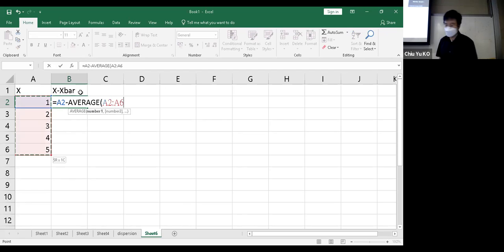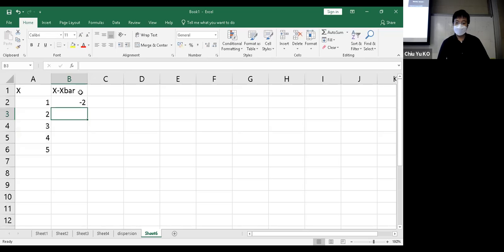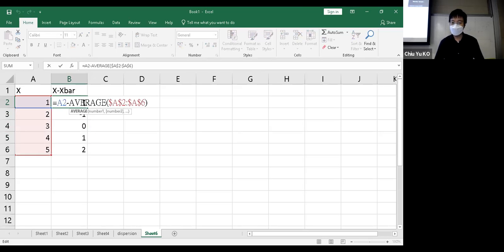But we want the mean range to not change when we drag down, so we need to put an absolute address with the dollar signs. The shortcut for the dollar sign is F4. Then you just drag it down. Is that okay? That's all. Copy and paste, or drag it down.